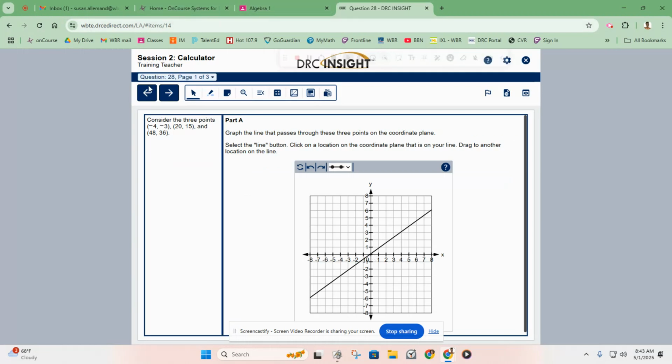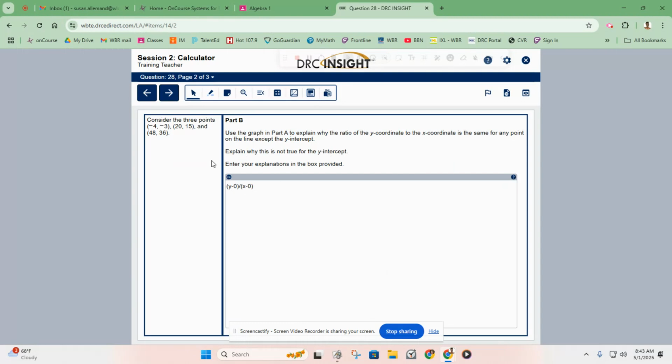Now the reason that it's not going to work for the y-intercept is that my y-intercept is at, well, x and y is at 0, 0. So if I were to plug that into this formula, I would end up with 0 minus 0 over 0 minus 0.